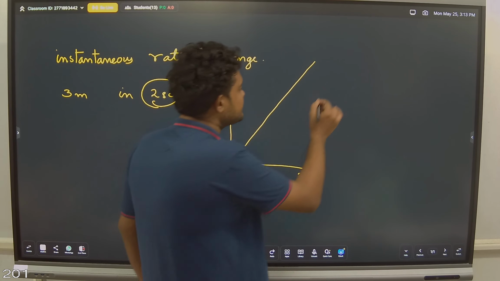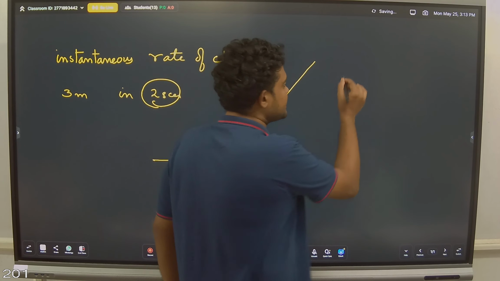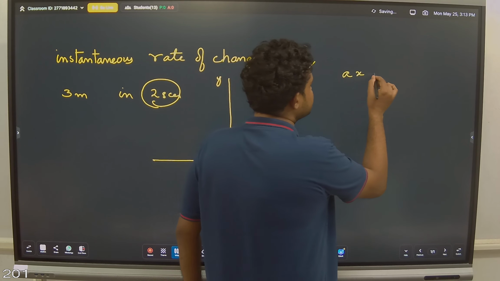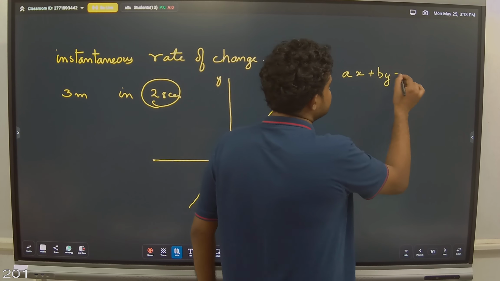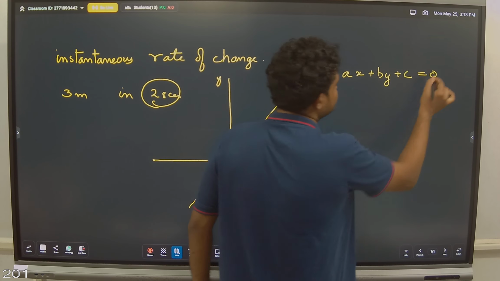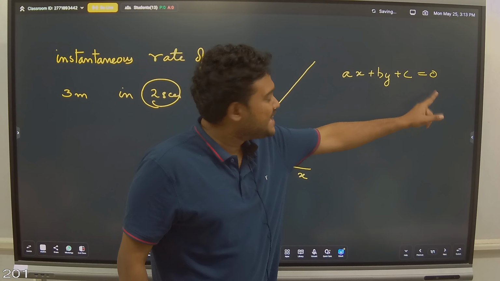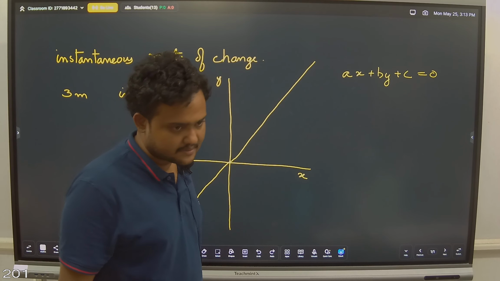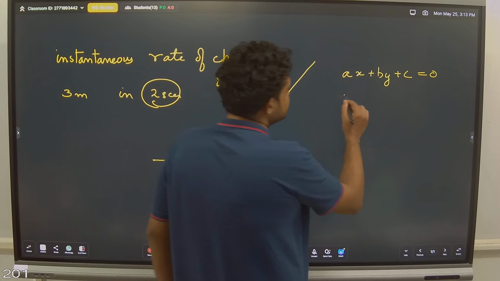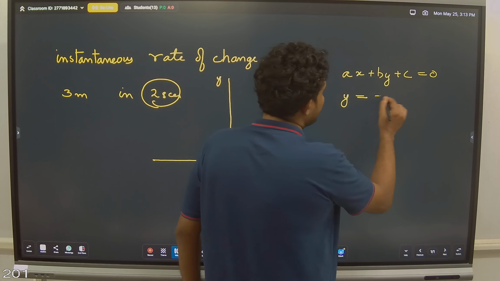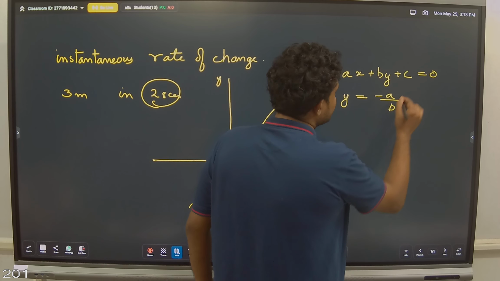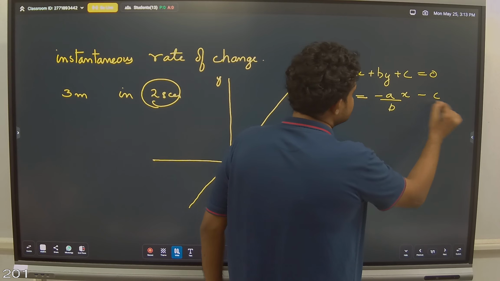The equation of a line will generally be of this form: ax plus by plus c is equal to 0, right? But it is possible for us to divide by b on both sides, so you can get y is equal to minus a by b x minus c by b.